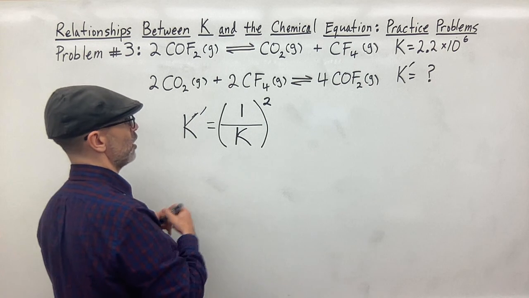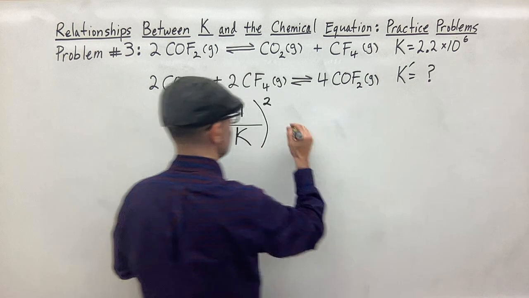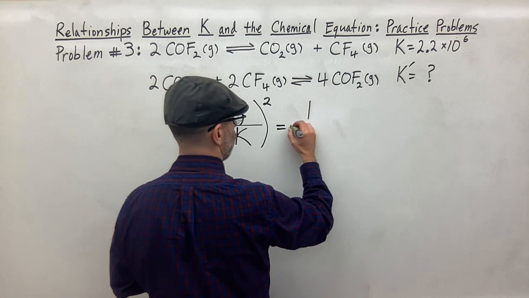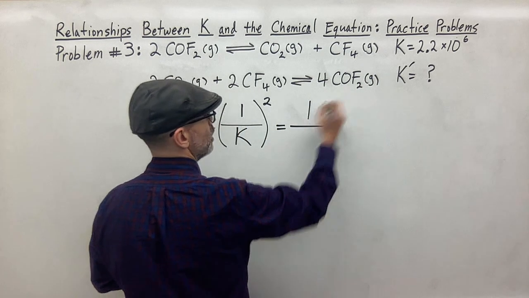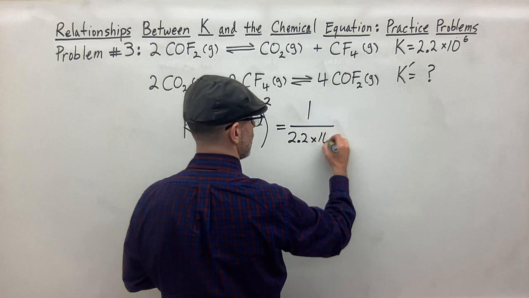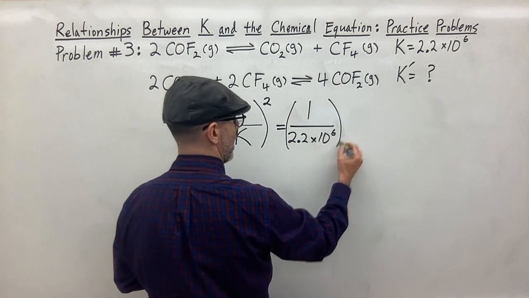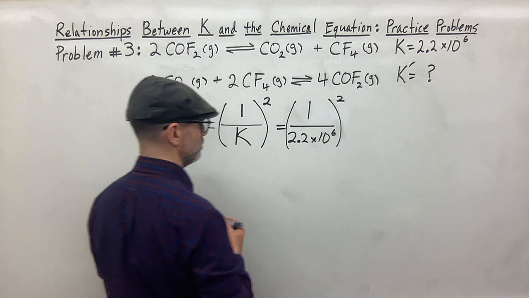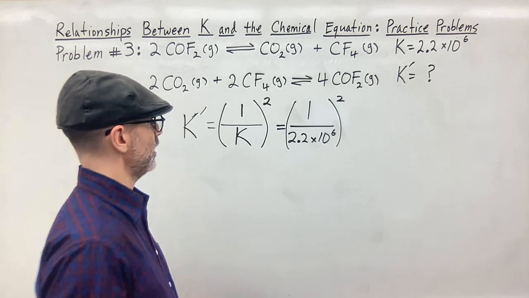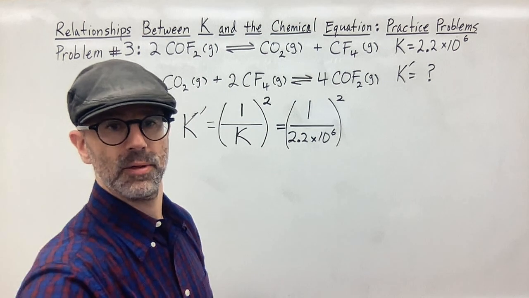Okay, so now all I have to do is plug in the K that I have here. So then our new K is going to be equal to 1 over 2.2 times 10 to the 6th power, and all of that is squared. So now all I have to do is plug that into my calculator and figure out what the answer is.